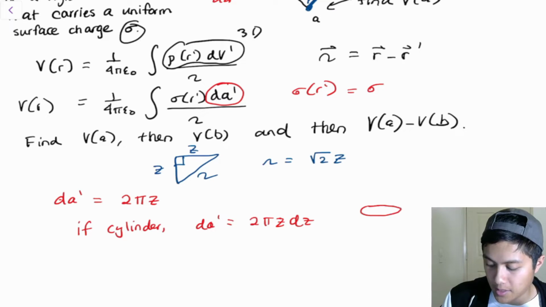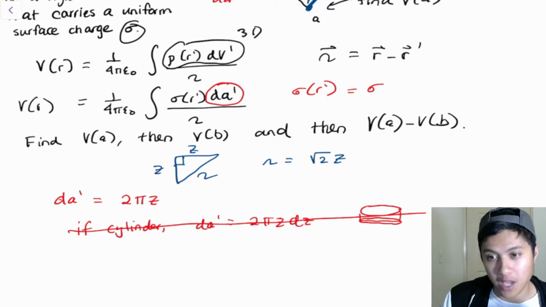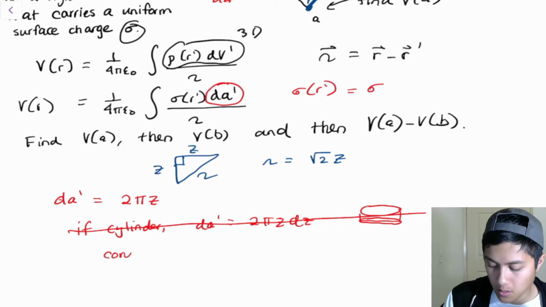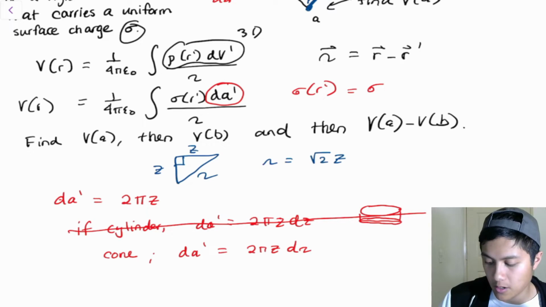Because we have something like this where the bottom circle and the top circle have the same radius, right? But this is not the case. We don't have a cylinder. We have a cone. So for the cone, we need to write dA prime is equal to 2 pi Z d script R, right?